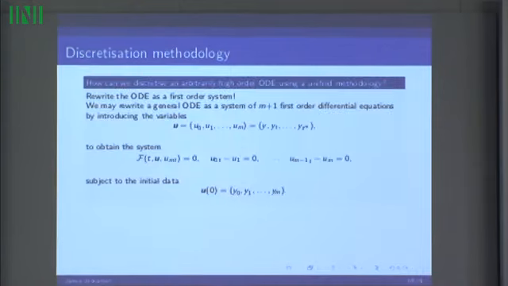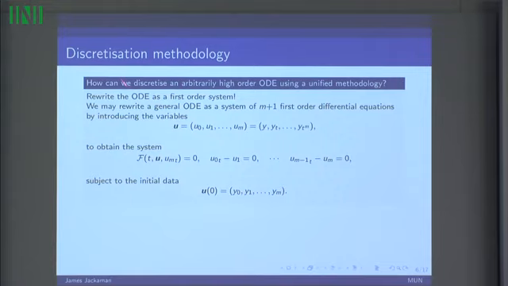So what we're going to do is rewrite our ODE as a first order system, so we only need to discretize first derivatives. Basically we introduce auxiliary variables for y and its derivatives, which we denote as u0, u1, up to um, replacing up to the nth derivative in time. And this just gives us the following system of equations, which are now subject to initial data on all of our u's.